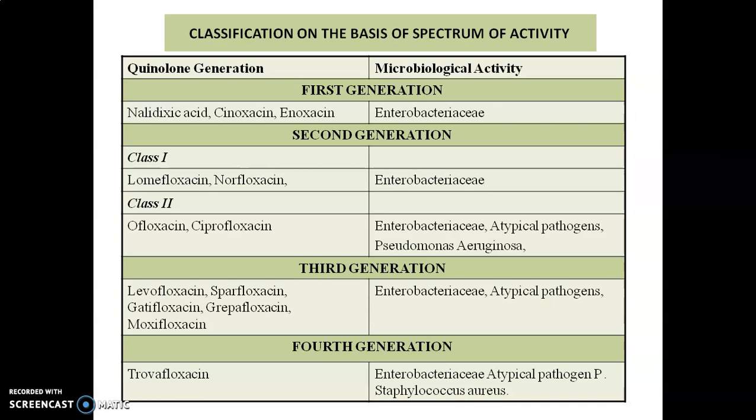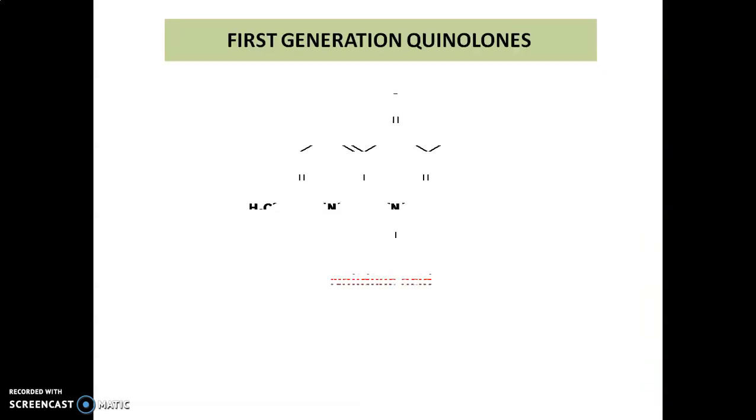Third generation fluoroquinolones include levofloxacin, sparfloxacin, gatifloxacin, grepafloxacin, and moxifloxacin. They are active against Enterobacteriaceae species as well as atypical pathogens. Lastly, fourth generation fluoroquinolones, example is trovafloxacin, and they are also active against Enterobacteriaceae species, atypical pathogens, Pseudomonas, as well as Staphylococcus aureus. Let us discuss each generation of fluoroquinolones one by one.